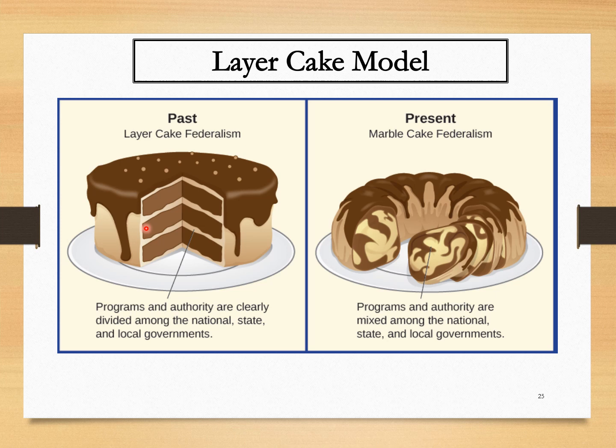However, as we have seen over our discussion, federalism evolved, and it's best represented now in a marble cake model, which is marble cake federalism. And as you can see, programs and authorities are mixed among national, state, and local government, just like a marble cake. So when you cut into a marble cake, you see all of this mixed together.